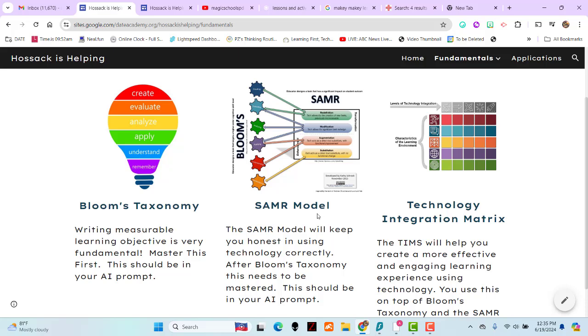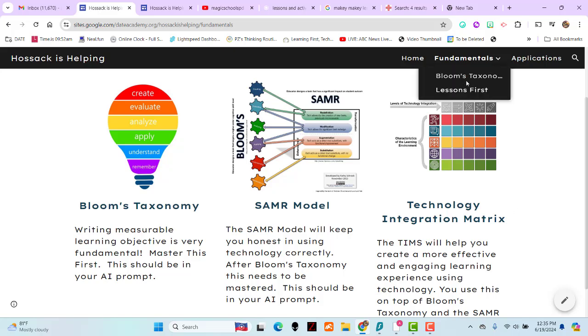And again, we can always refer to the technology integration matrix to get ideas, or sample lessons of how teachers are integrating technology in the classroom. It will show you the different levels.